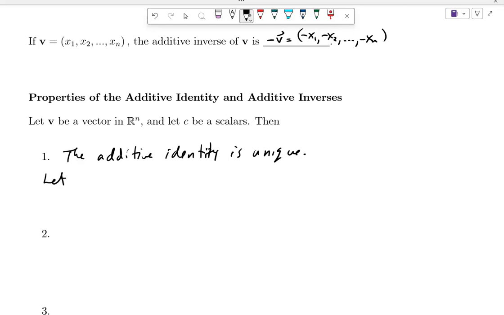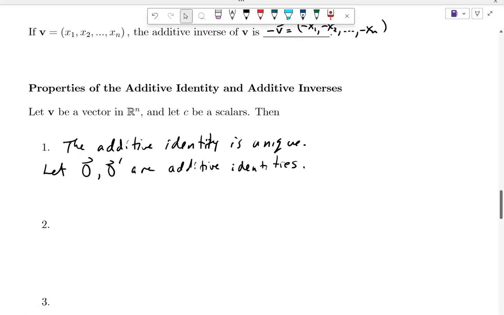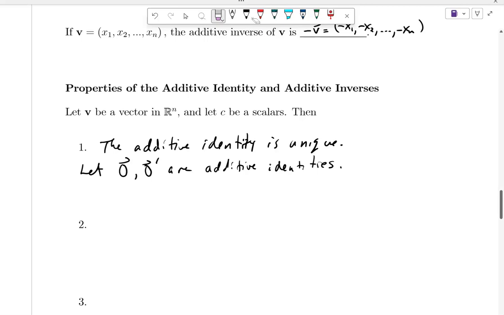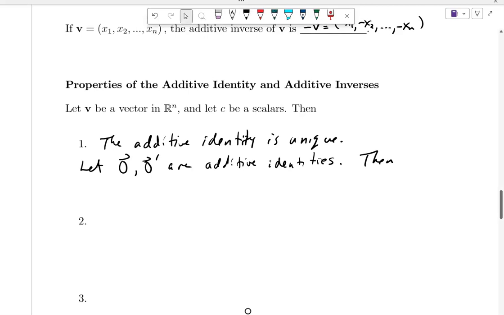So let's suppose that we have 0 and 0 prime that are additive identities. Now, again, this says that it's in Rn, but we're going to prove this so that it works for any vector space, so we don't have to reprove it again. I'm going to write this in the middle because I'm going to go left one way and right the other.